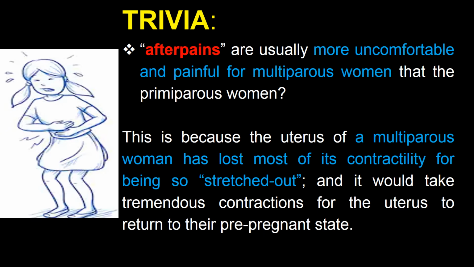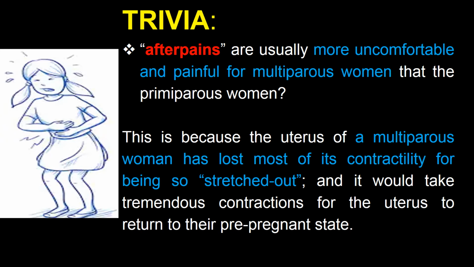Now, alam nyo ba na ang after pains are usually more uncomfortable for multiparous women compared to women who are primiparous? Bakit? Bakit mas malala yung after pains or yung sakit na nararamdaman ng mga multiparous women compared sa mga primiparous women?